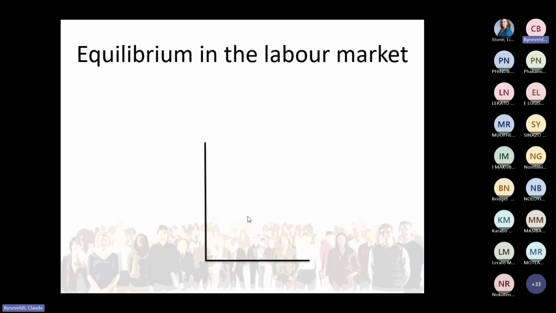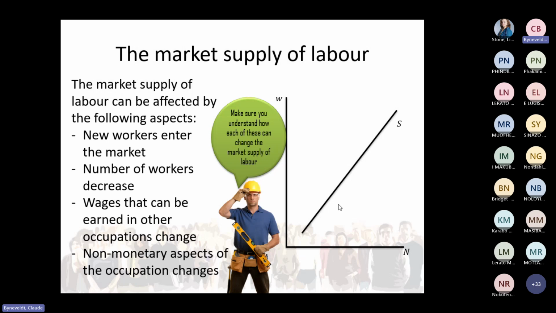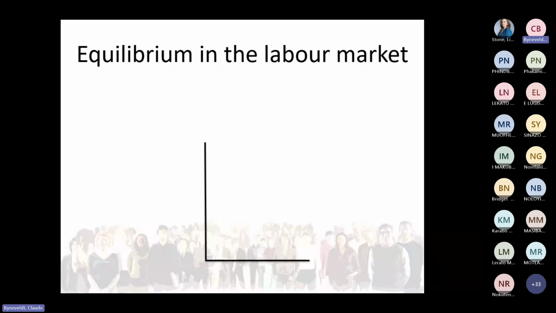So this can cause the market supply curve to shift either to the left or to the right. It's more or less the same as the goods market, but here we deal with the labor market specifically.